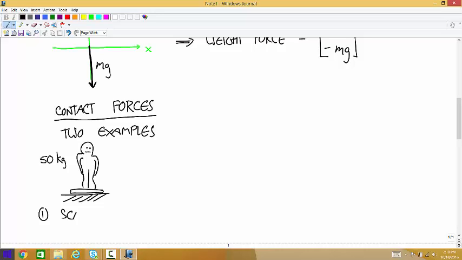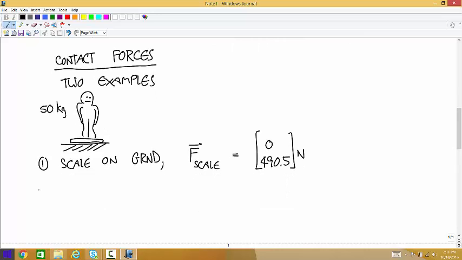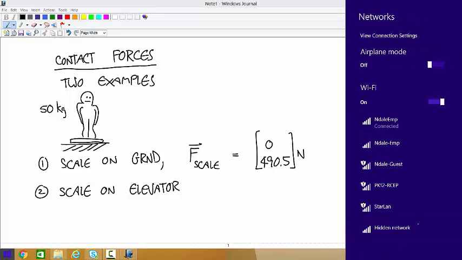So first, with the scale on the ground, the force applied to him by the scale was equal to 0, positive 490.5 newtons. And then we did a second one where the scale was on an elevator. And the elevator was accelerating up. Whoops.